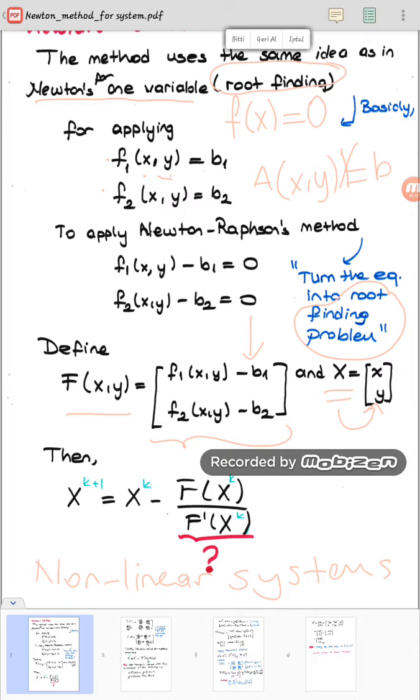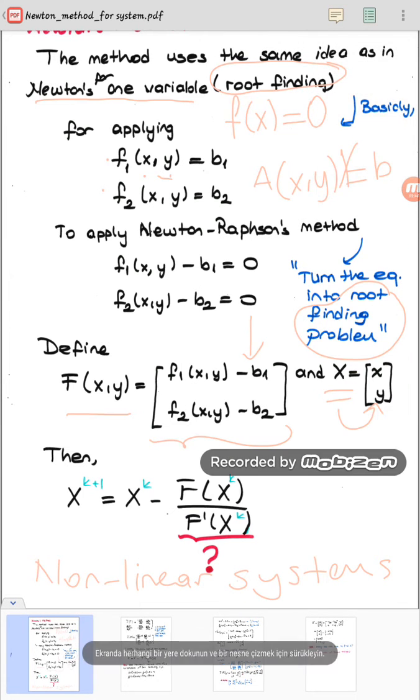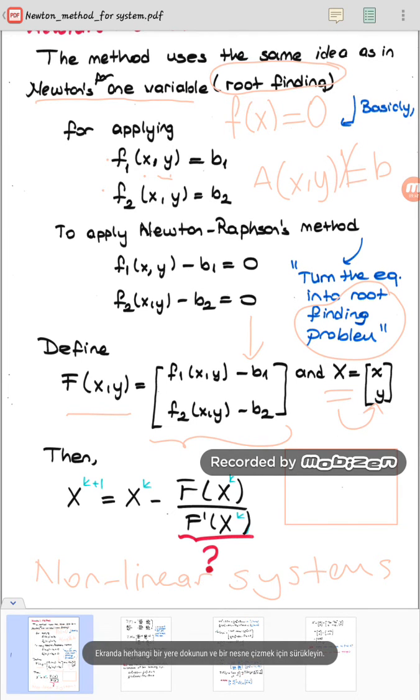Now, as you know, Newton's method in one variable, let me write here, opening a box, gives us x_n minus f divided by f prime.